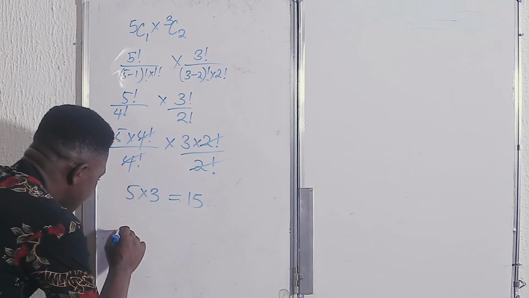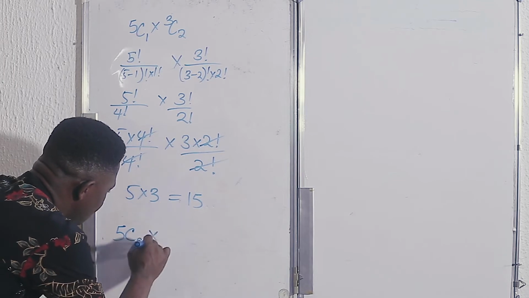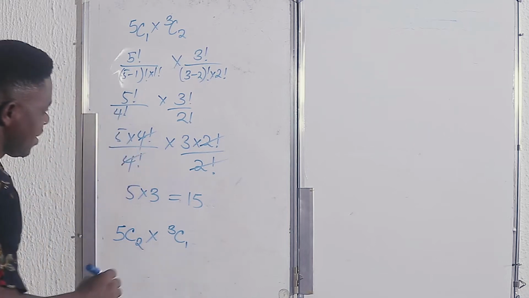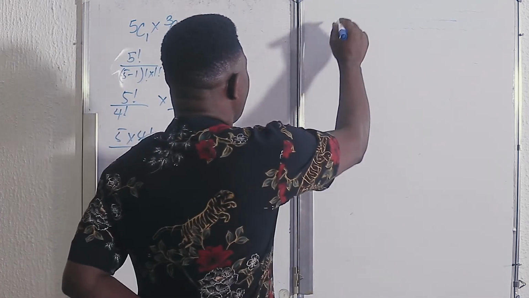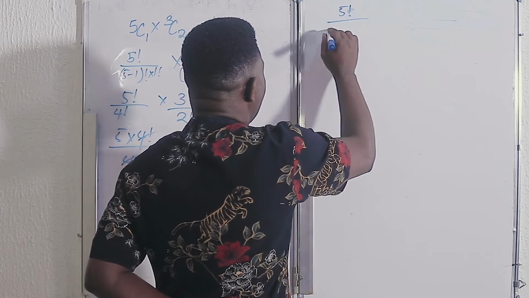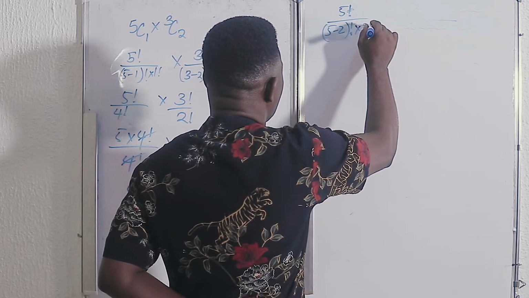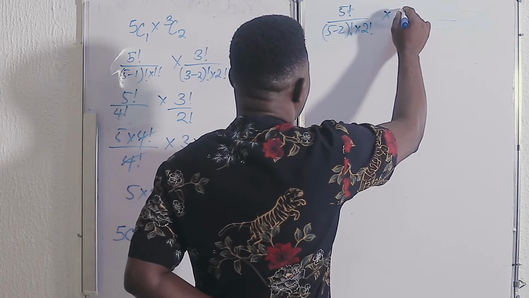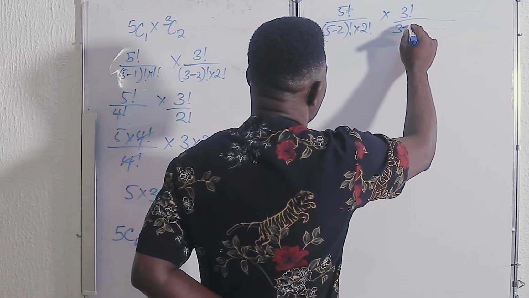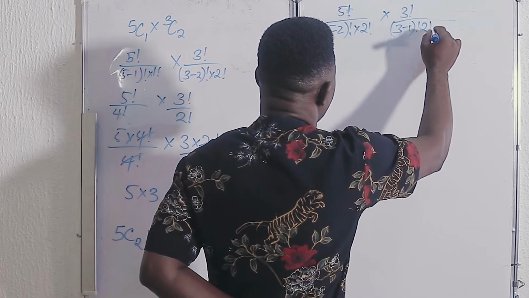There you will have 5 combination 2 times 3 combination 1. And 5 combination 2 will give you 5 factorial, all over 5 minus 2 factorial times 2 factorial, times 3 factorial all over 3 minus 1 factorial times 1 factorial.